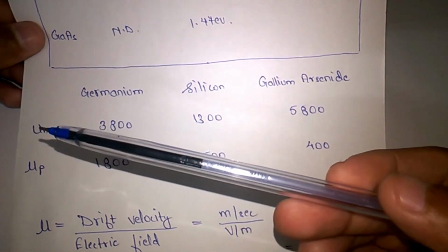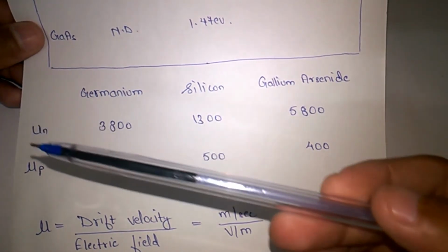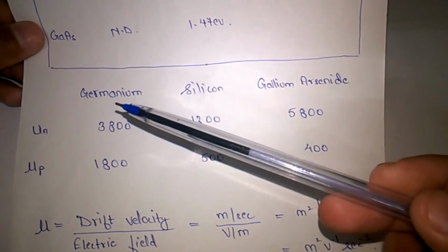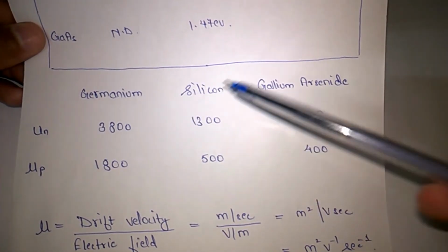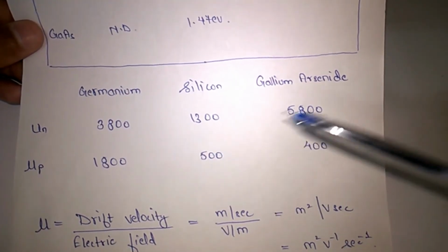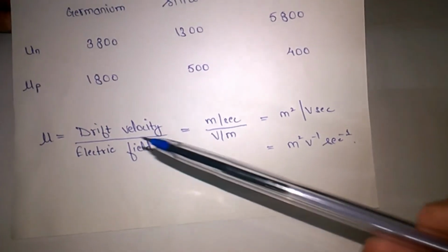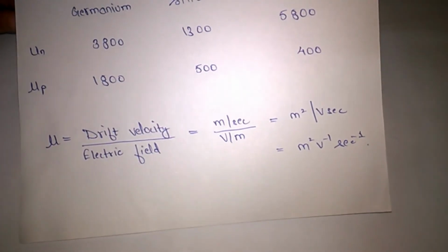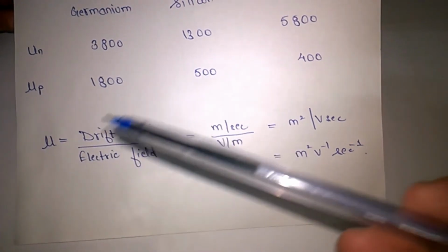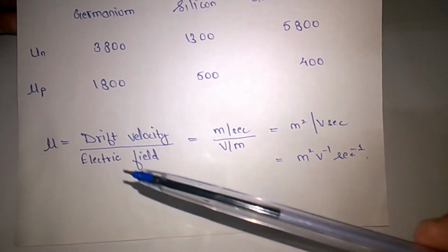So the value of mobility for electrons and for holes will be different for different substances like germanium, silicon, and gallium arsenide. We can also define the mobility unit simply by its formula, that is drift velocity upon electric field.